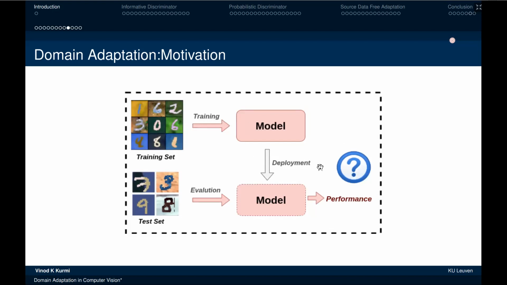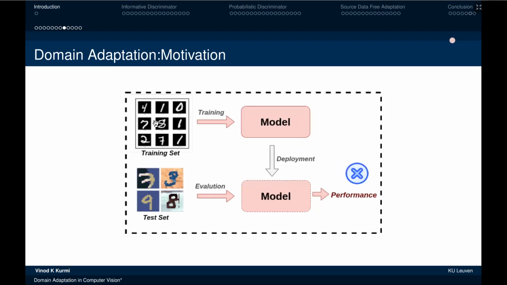Then the performance will be good. But the reason is that we need a training set, we need labels associated with it. Suppose we have only labeled data for MNIST, and we want the model to adapt for the MNIST-M dataset. What to do in that case?